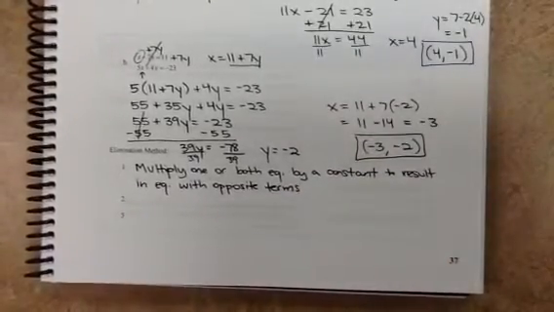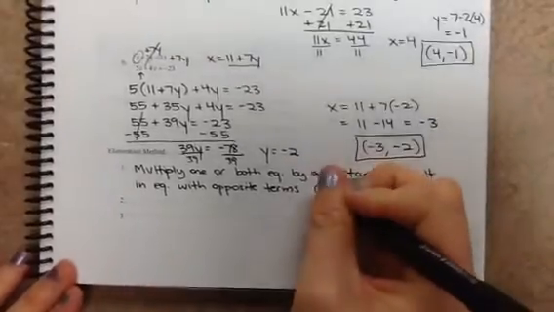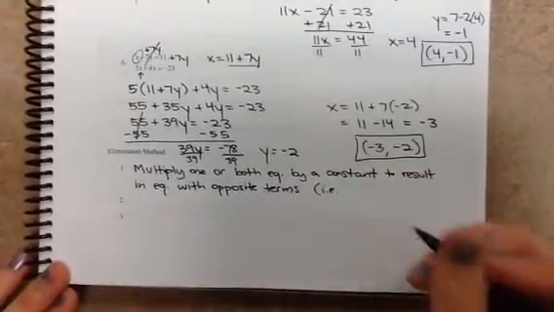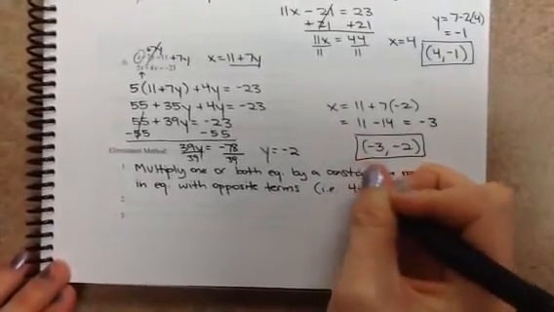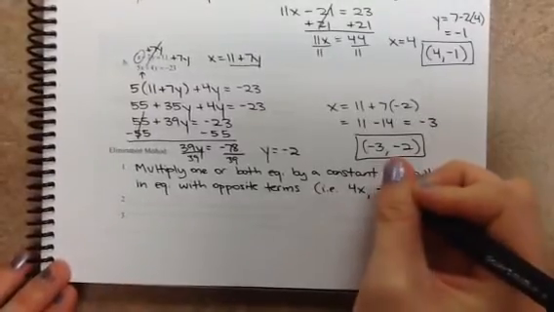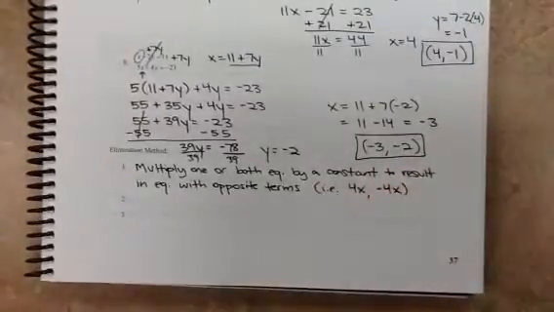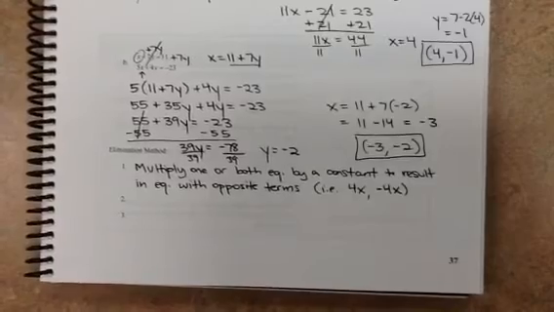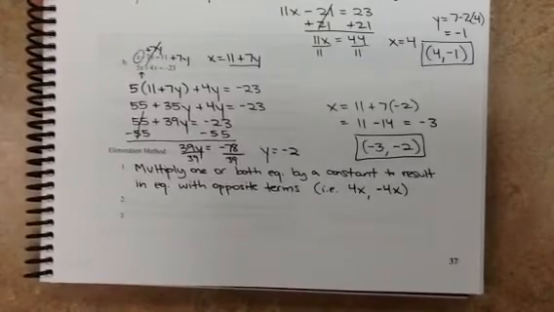Multiply one or both equations by a constant to result in equations with opposite terms. Example, we want maybe one of the equations to have a 4x, and we want the other equation to have a negative 4x. That's what we mean by opposite terms. So that's our goal. We want to pick either x's or y's to eliminate them.